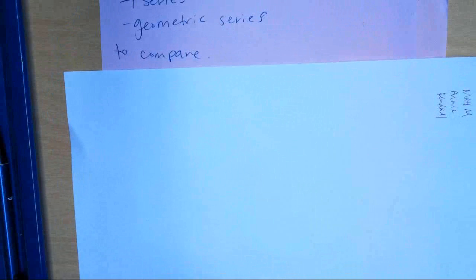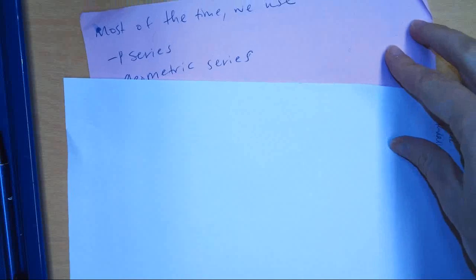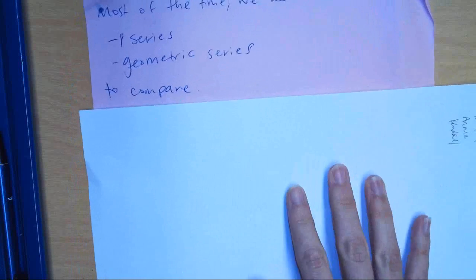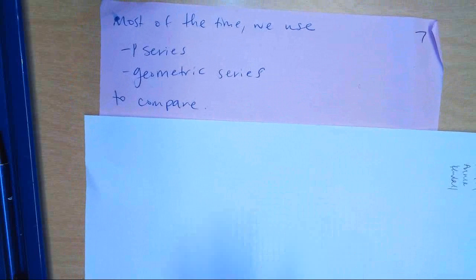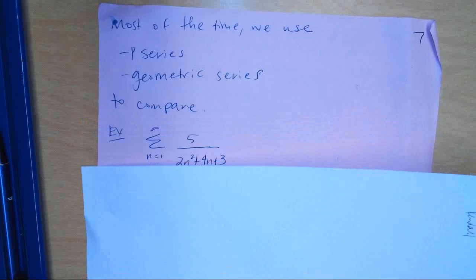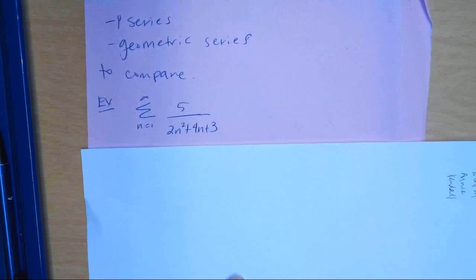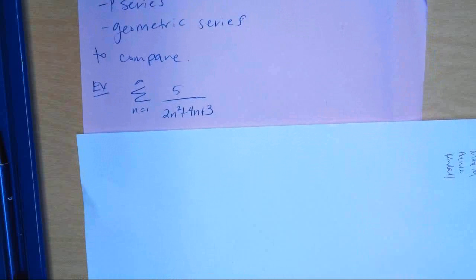Most of the time, we use P-series or geometric series to compare, just because those are easy. We easily can tell if they are going to converge or diverge. Okay, looking at this, what does it remind you of?